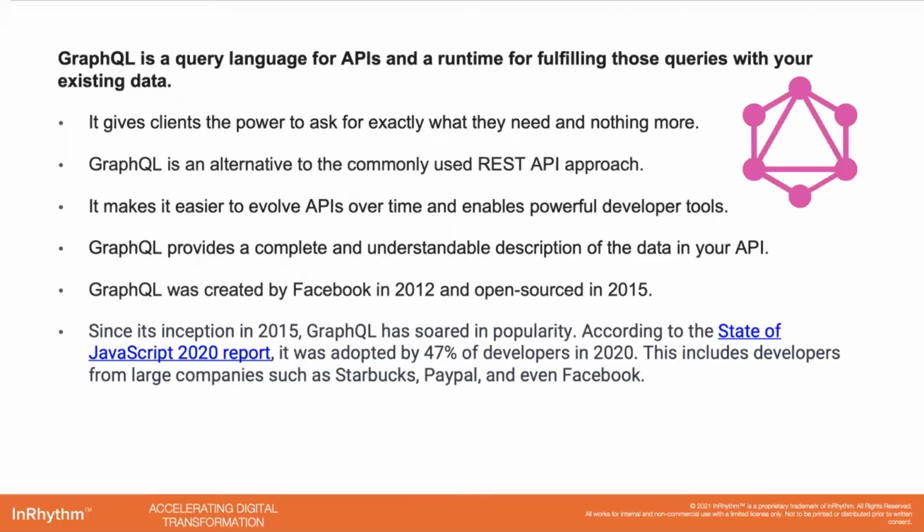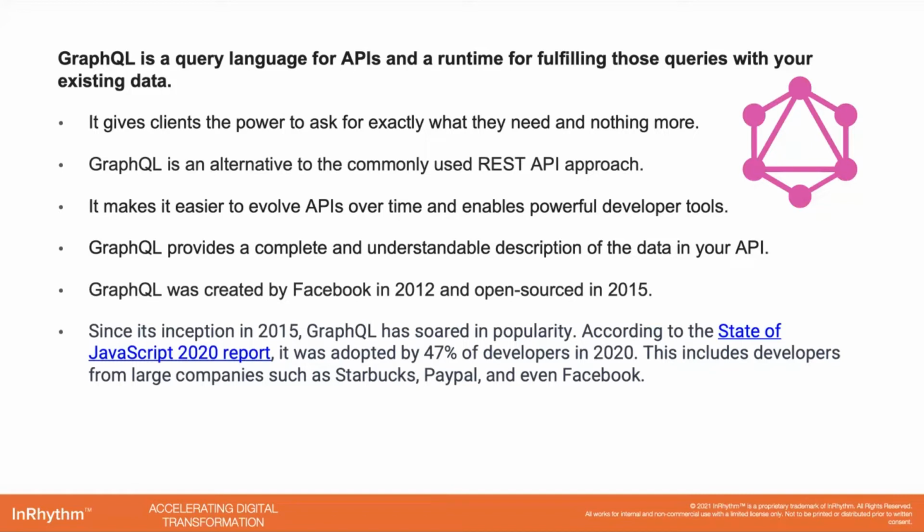So what is GraphQL? GraphQL is a query language for APIs and a runtime for fulfilling those queries with existing data. So basically, GraphQL provides the ability for client apps to ask for what they actually want, and the server provides that specific data.